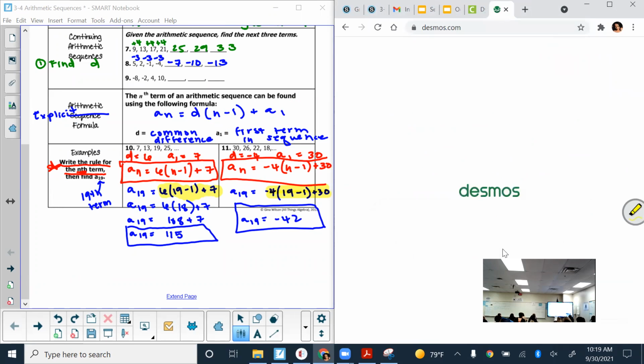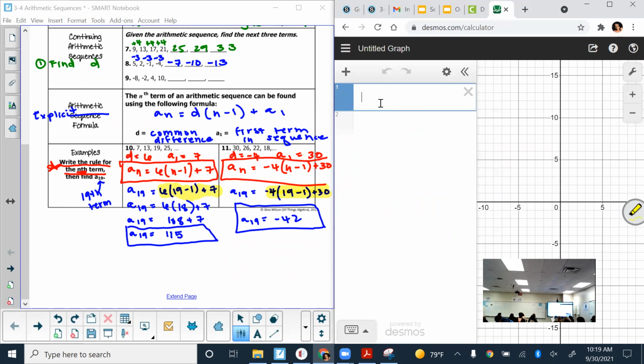So opening up Desmos, and what I highlighted is what I put in. Don't put in the a sub 19. I don't think it'll tell you anything. But put in everything else. So the negative 4 times 19 minus 1 in parentheses plus 30. I put it in all at once, exactly how it looks on my paper. I let the calculator do order of operations for me. That makes sense? Any questions?